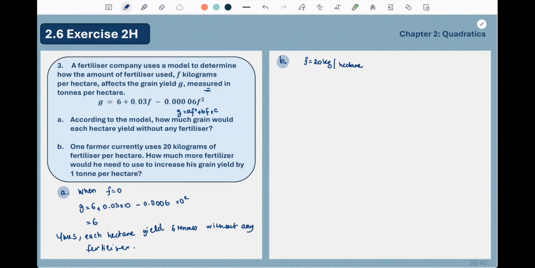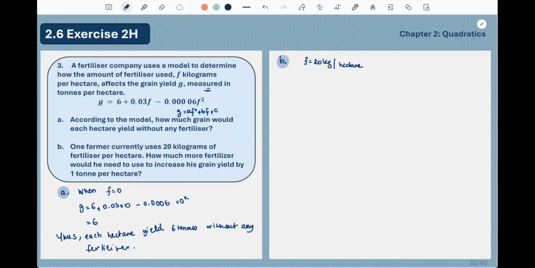So at this moment, when we use 20 kilograms per hectare, he has a specific grain yield. However, we would like to increase it by 1. For example, if my grain yield is maybe 5 tons, I would like it to be 6 tons instead. But how much fertilizer would make that work for me?